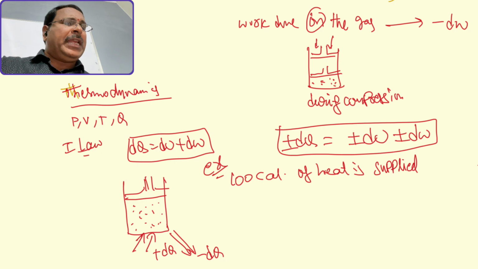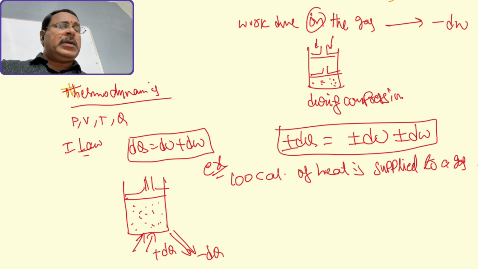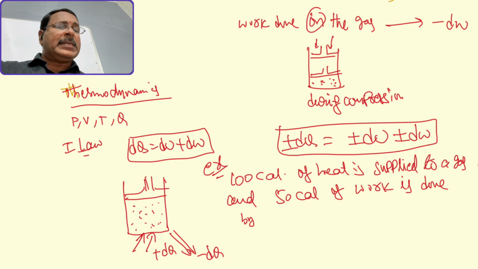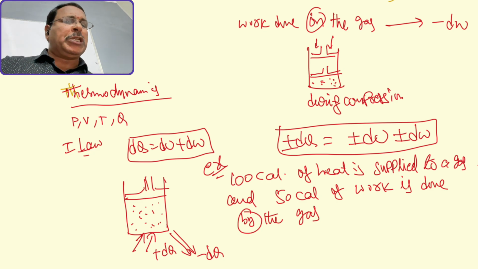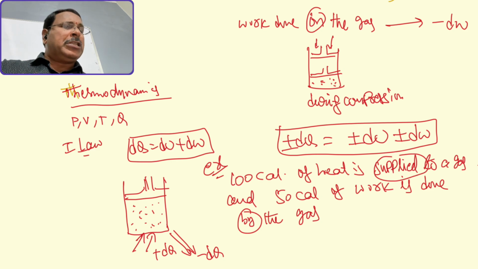So 100 calories of heat is supplied to the system, to a gas or system, whatever it may be, and 50 calories of external work is done by the gas. So you remember these special points: supplied means positive, by the gas means positive.